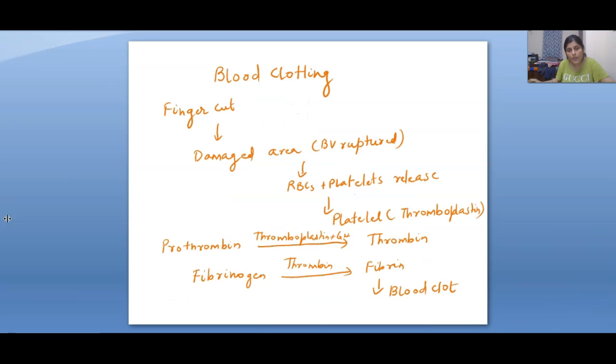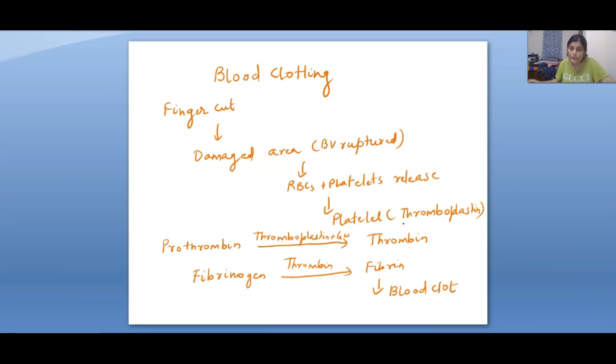Now coming up to blood clotting. What is blood clotting? When you get a cut on your finger, the blood vessels get ruptured, and from the damaged area, RBCs and platelets come out.